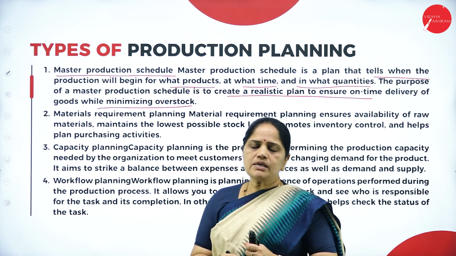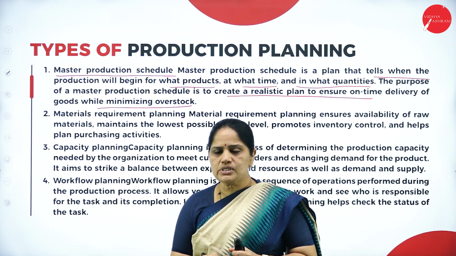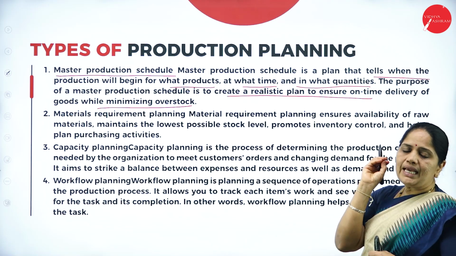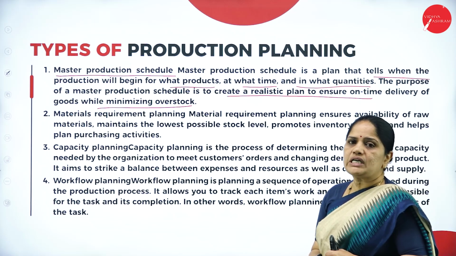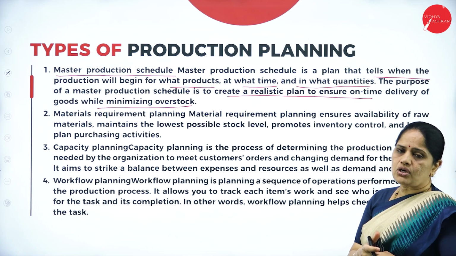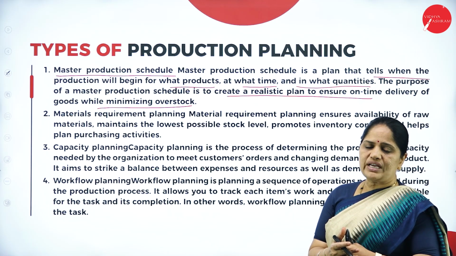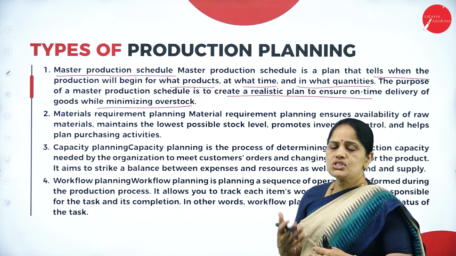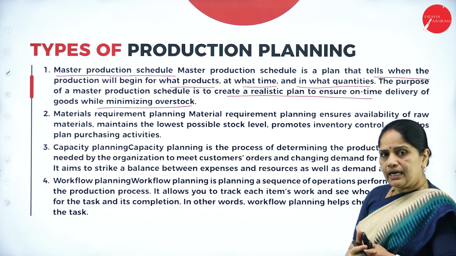So the master production schedule will tell us when to produce, how to produce and what to produce, and also it will make a realistic plan to ensure that the products are delivered on time and there is minimizing of overstock. So you should not see that there is an overstock of goods. When there is an overstock of goods, again you have to see that the stock gets sold very soon so that you can get back the revenue.